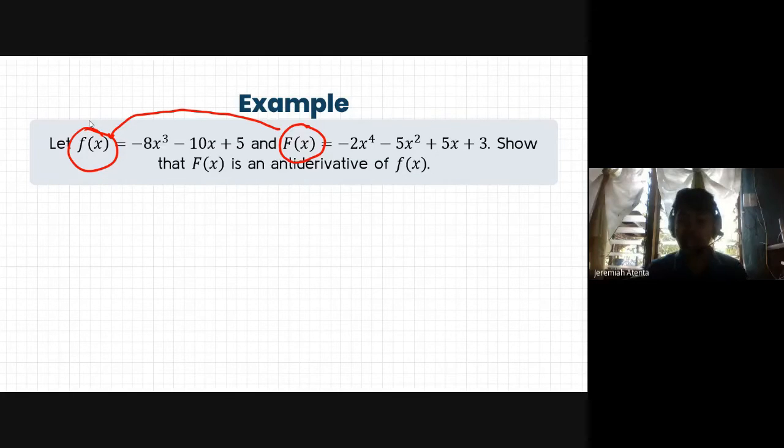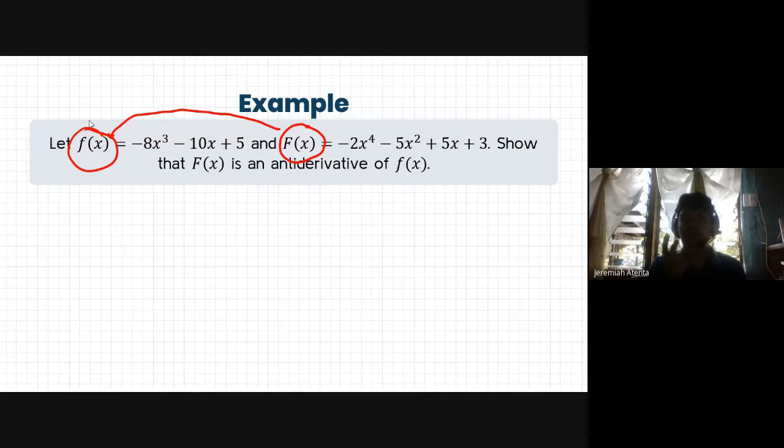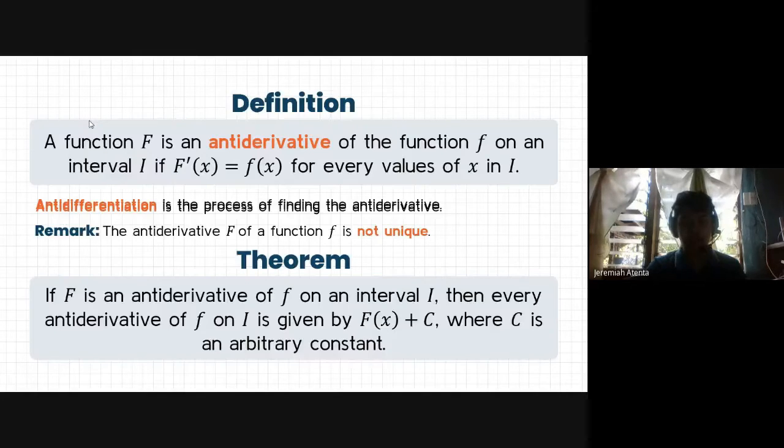Yes, sir. Okay. Do you have an idea on how to show that the uppercase F of x is an antiderivative of the lowercase f of x? What are we going to do? Based on our definition earlier, the antiderivative is this one.